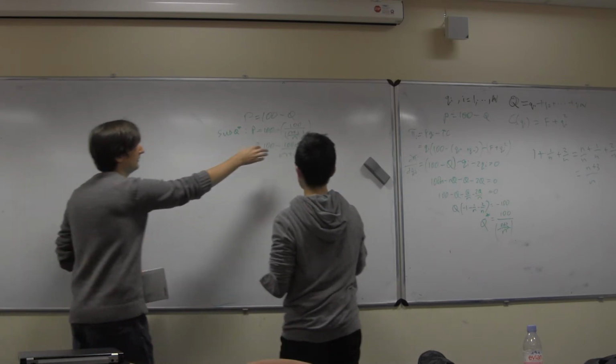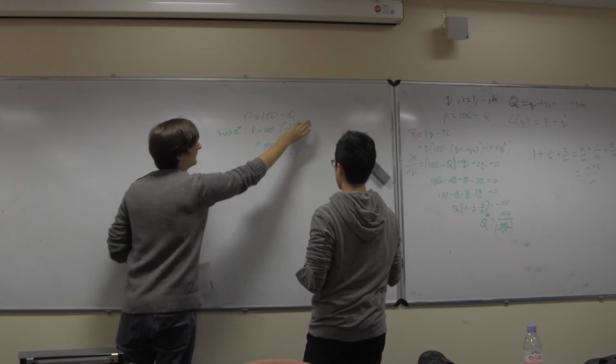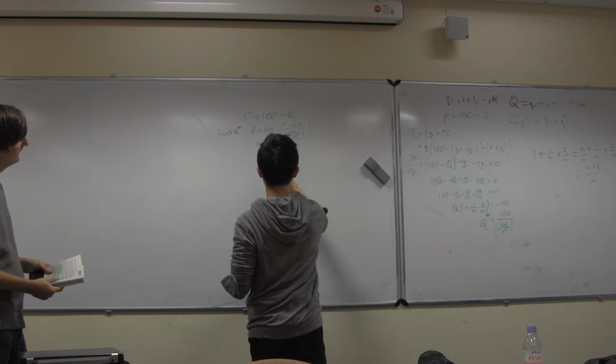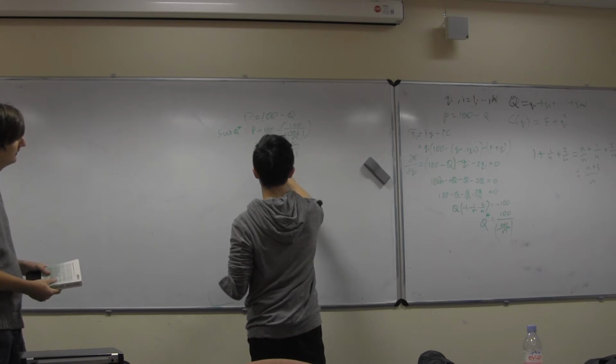Okay, so division on the bottom is the same as multiplication on the top, so you can make the n on top. It's a bit tricky.